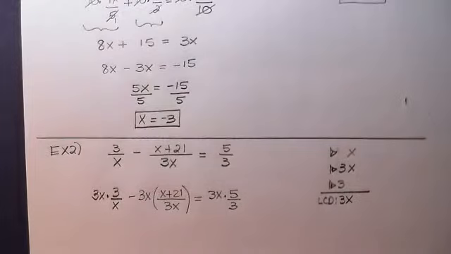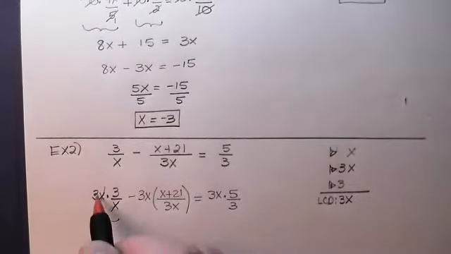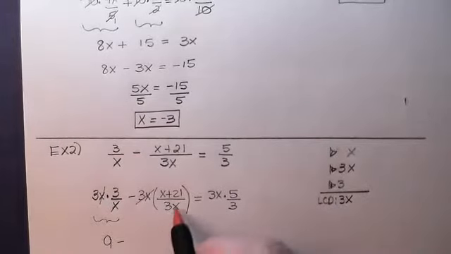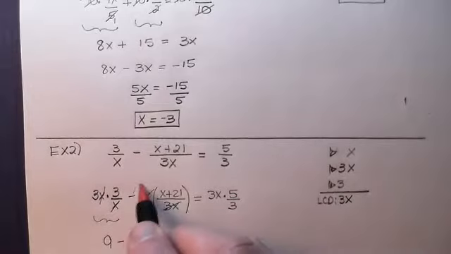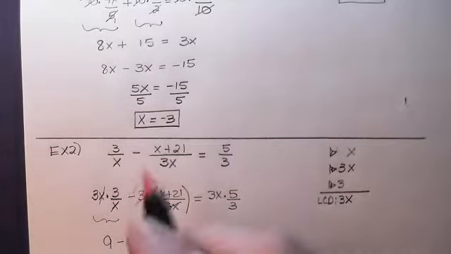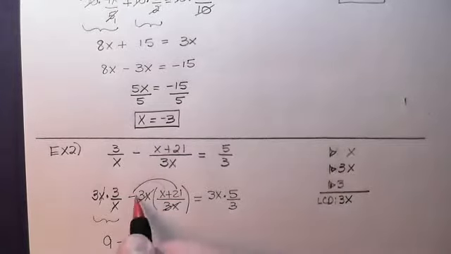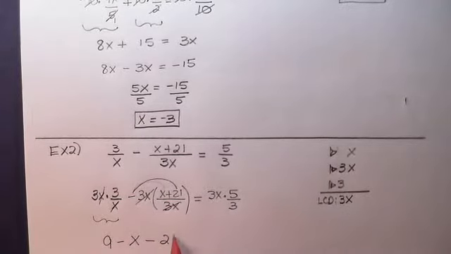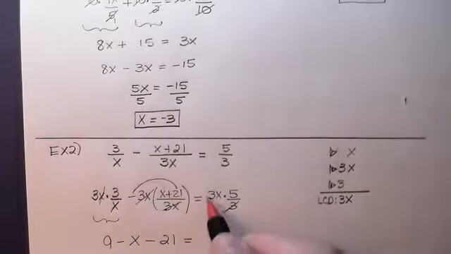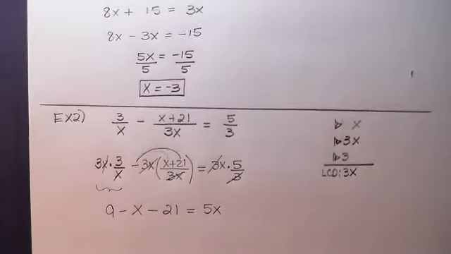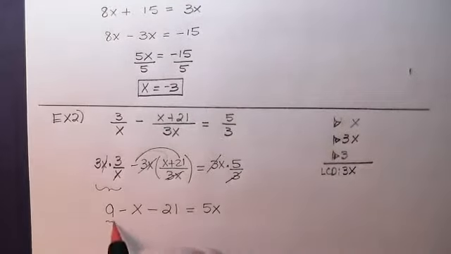Now let's multiply each one of these terms. The x here cancels, so 3 times 3 is 9. Here the 3x is going to cancel. I'm left with a negative, so I need to apply the negative to each term. So this would be negative x, and negative times a positive is a negative 21. And the 3 here is going to cancel with the 3, so I'm left with 5x. So now I have a very simple equation. All I have to do is combine like terms.